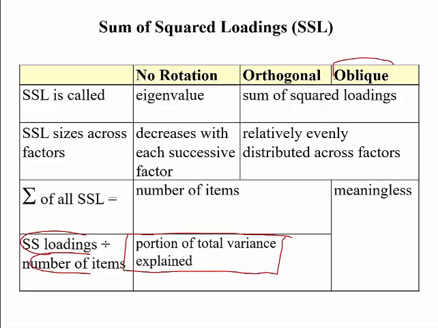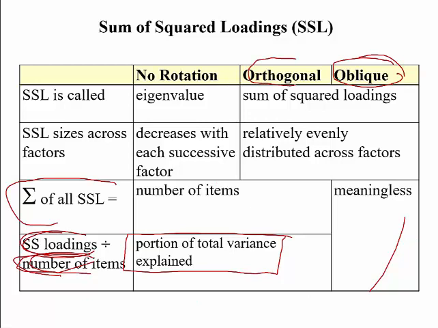However, if I do oblique rotation, I cannot do that. If I take my sum of squared loadings divided by the number of items, I get just some meaningless value that doesn't tell me anything. So if I'm doing oblique rotation, it doesn't make sense to calculate the sum of all the squared loadings, and it doesn't make sense to take a sum of squared loadings and divide it by the number of items. That makes sense if I'm doing orthogonal rotation.